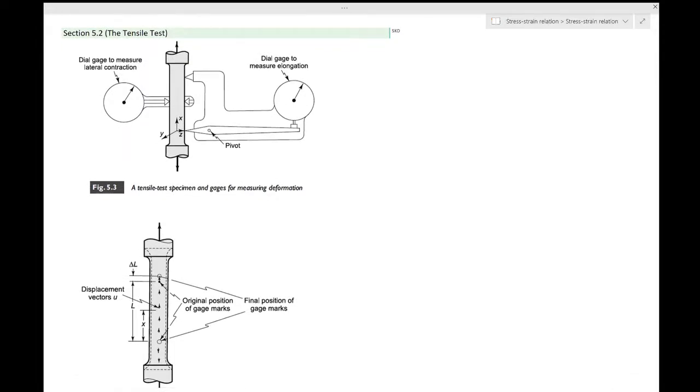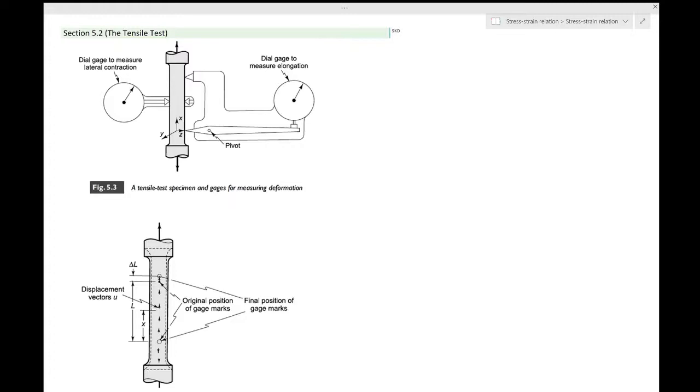So we begin with your textbook, which says that in common with all branches of science, we wish to develop a theory which will allow us to predict behavior in a general situation from the results of an experiment made in a very simple situation.